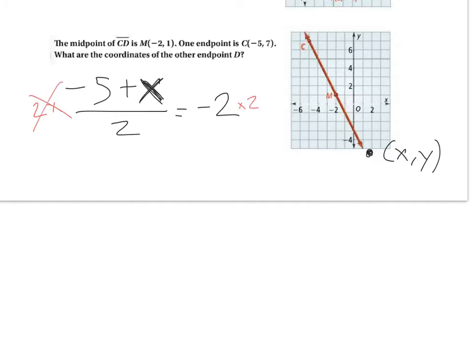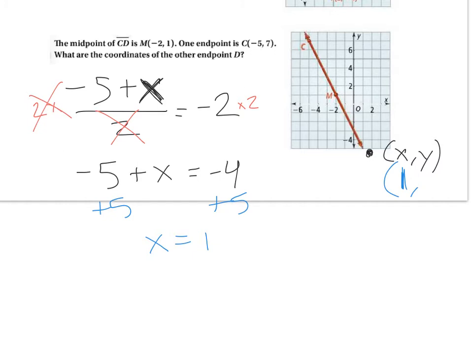So I have -5 plus x equals -4. Then I add 5 to both sides, and I get x equals 1. So the x value of this endpoint is 1, and I'm still looking for the y value.